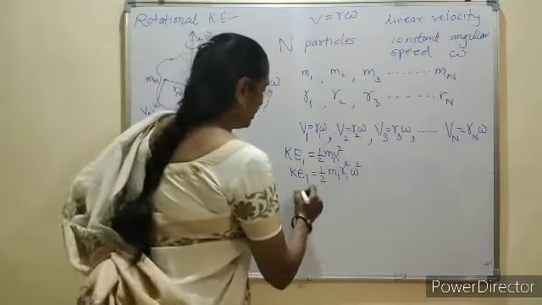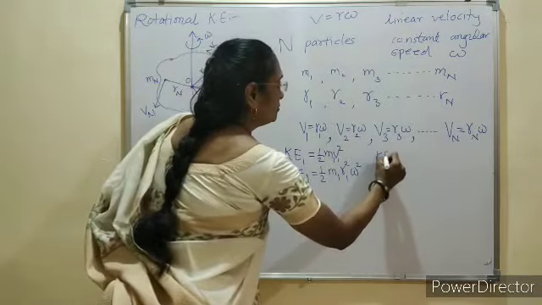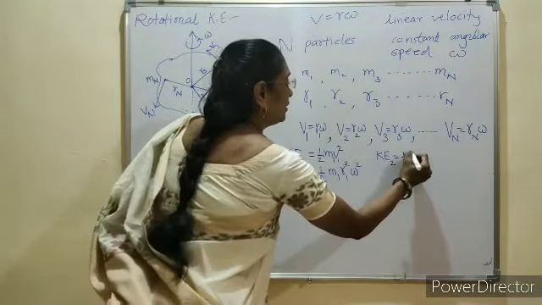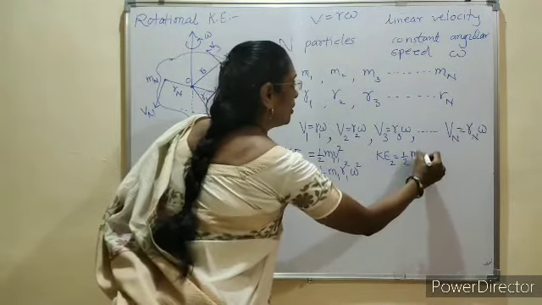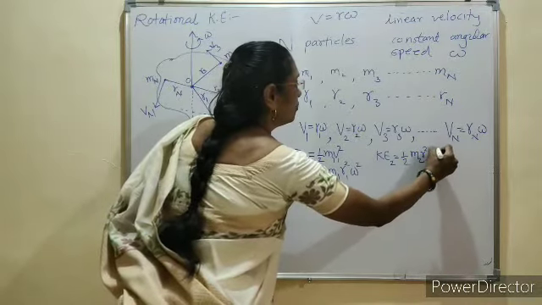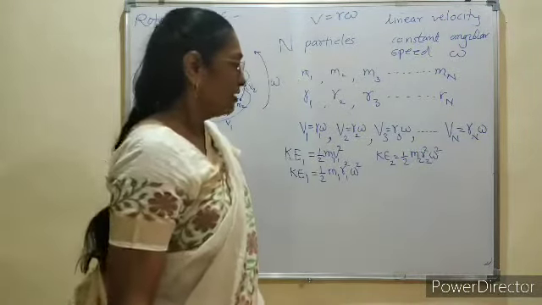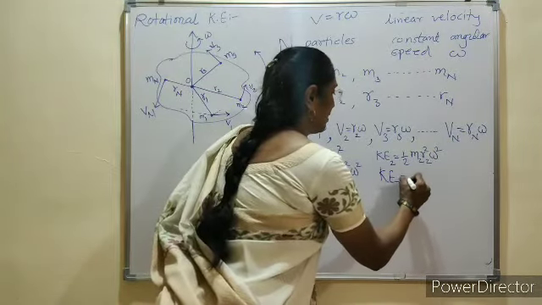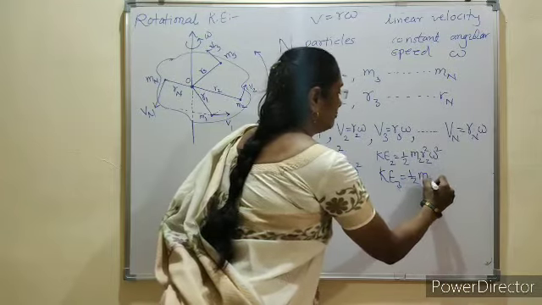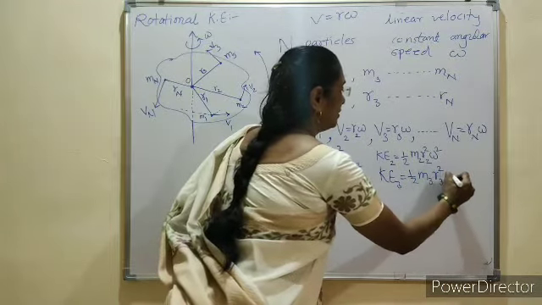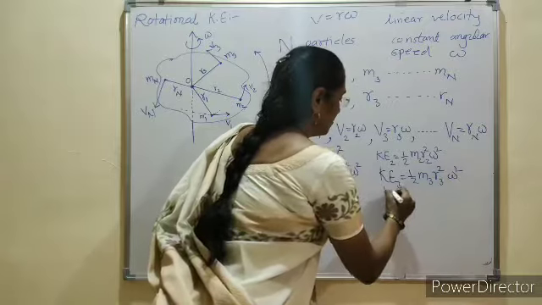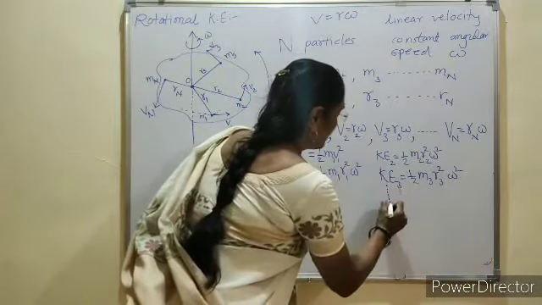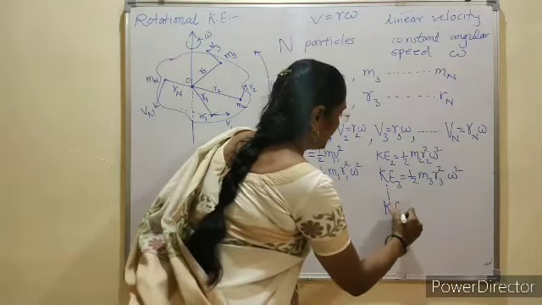Similarly, the kinetic energy of the second particle is half m2 r2 square omega square. We write for the third particle half m3 r3 square omega square. For the last particle, here we show the number of particles having different kinetic energies.